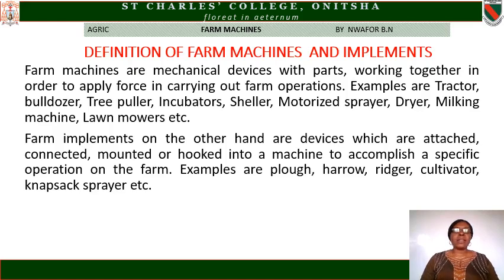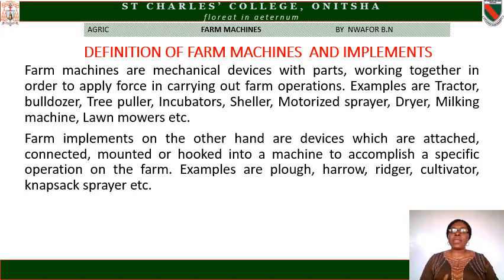On the other hand, farm implements are devices which are attached, connected, mounted, or hooked into a machine to accomplish a specific operation on the farm. That is to say that these implements must be connected to farm machines for them to perform their operation on the farms.